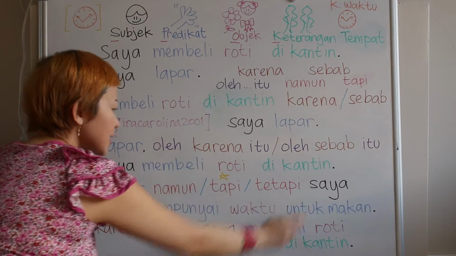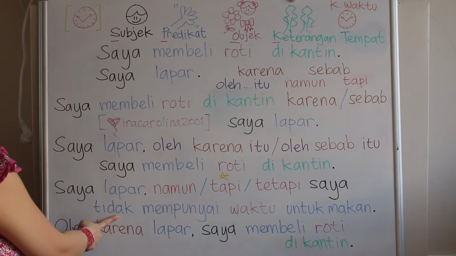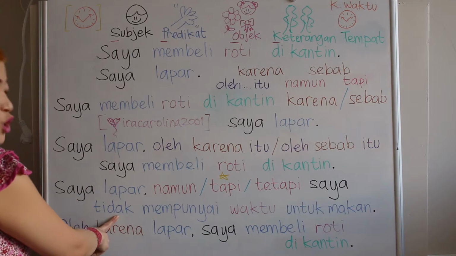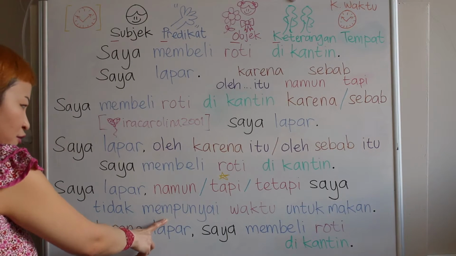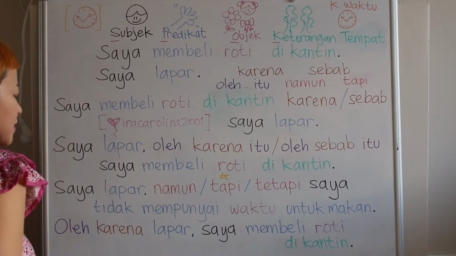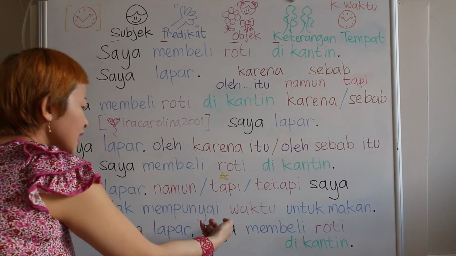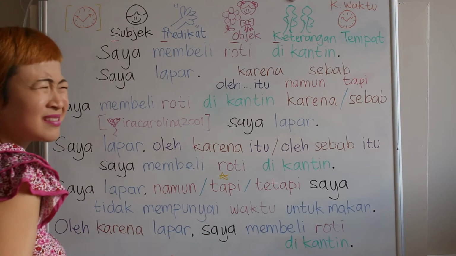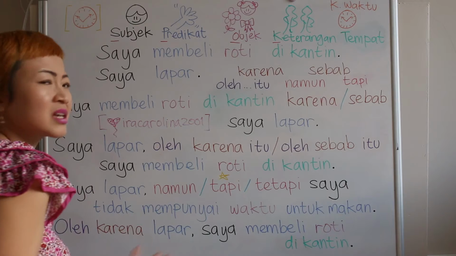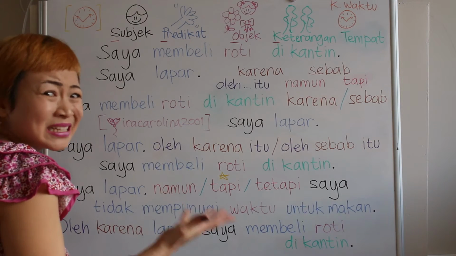Saya, I, tidak, no or don't, mempunyai, have. I will repeat, mempunyai. I will say it as how you say it, with the ng sound there.